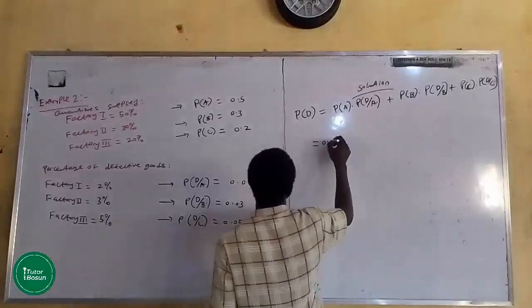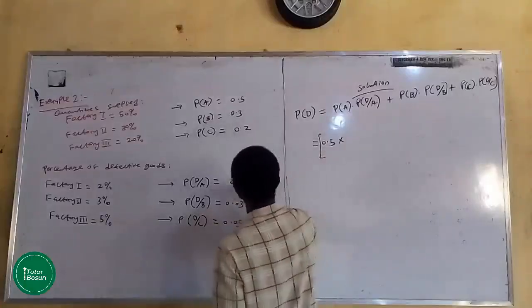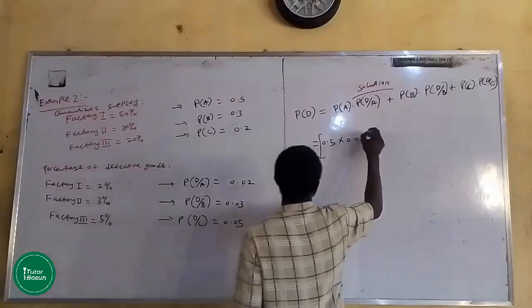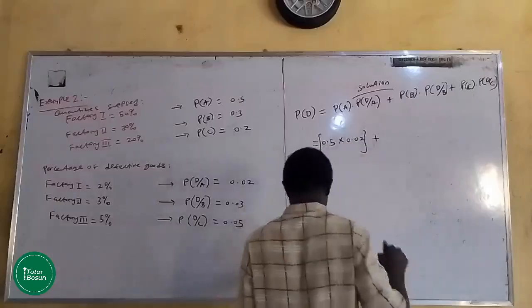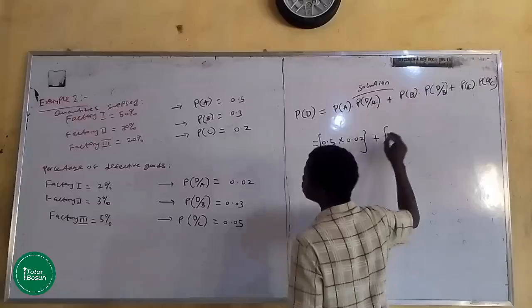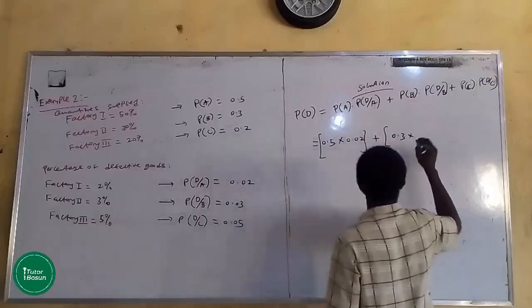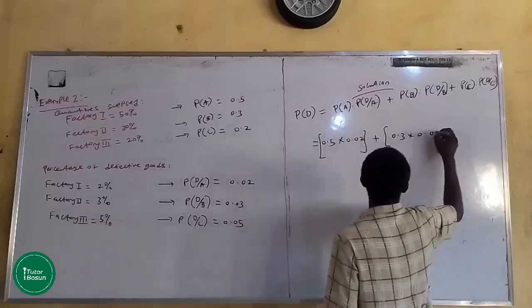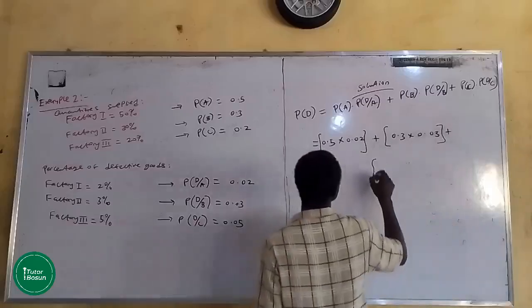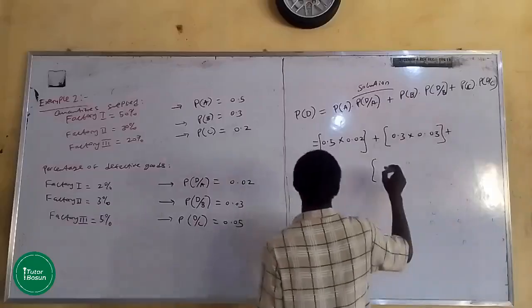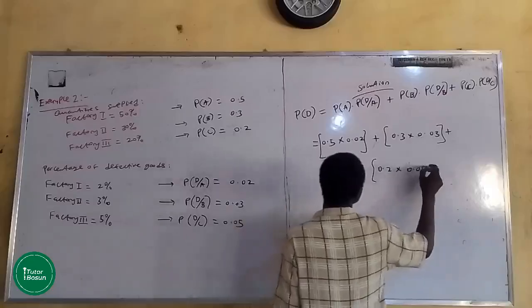Probability of A, which is 0.5, times probability of D given A, that's 0.02, plus probability of B, which is 0.3, times probability of D given B, that's 0.03, plus probability of C, that's 0.2, times probability of D given C, that's 0.05.